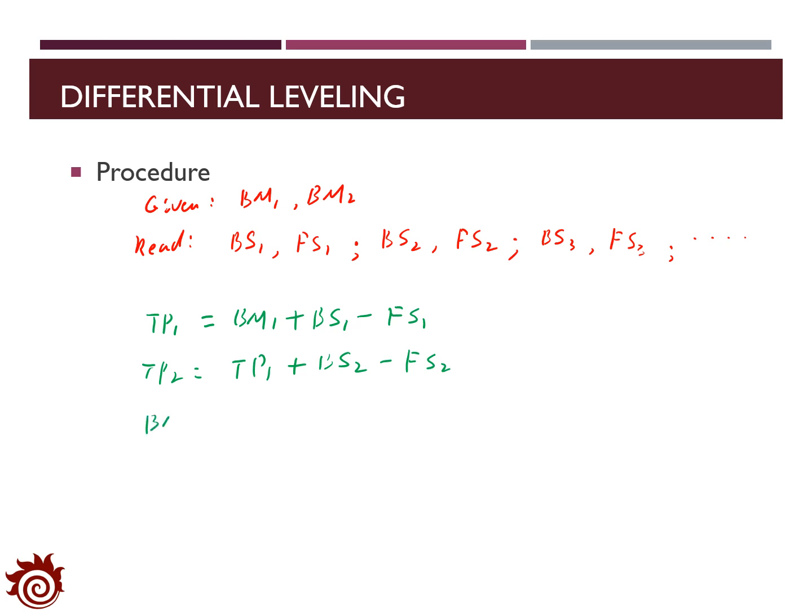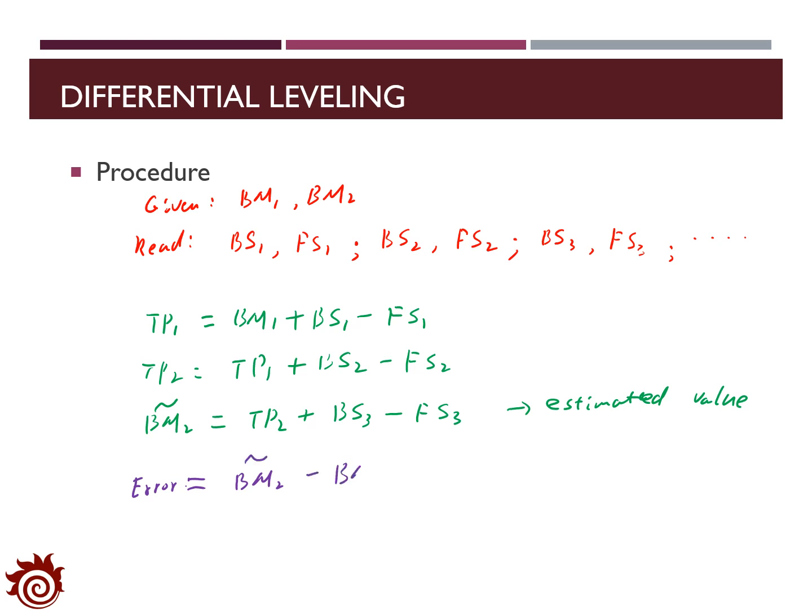And we have the estimated elevation for benchmark 2 as turning point 2 plus backside 3 minus foresight 3. So this is just the estimated value for the elevation. Finally, we can define the error as the estimated elevation at the benchmark 2 minus the true elevation of benchmark 2.